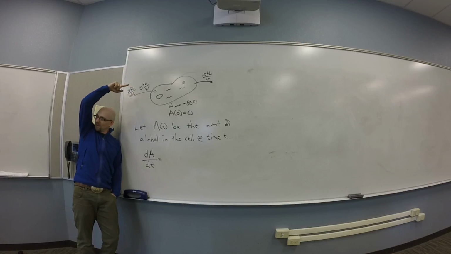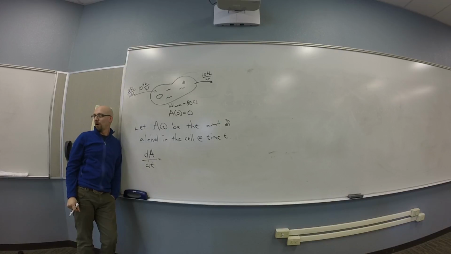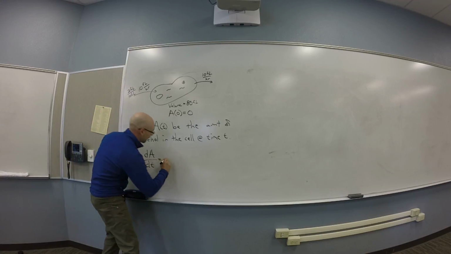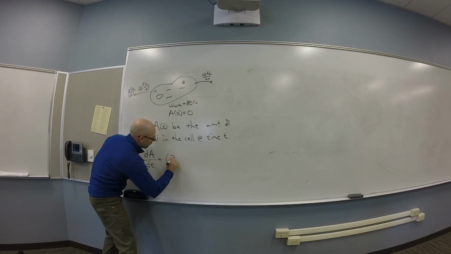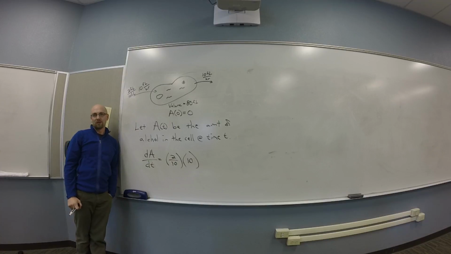Times 10 femtoliters per hour. So that's going to be 2 femtoliters per hour of alcohol gain. So that's 2 in, 10 times 10. Guys all with that?